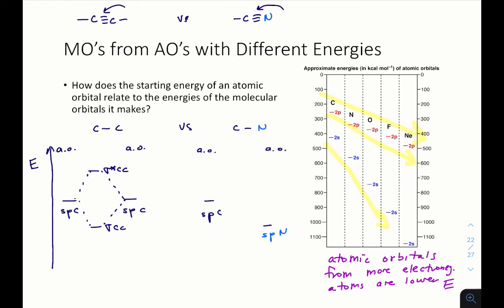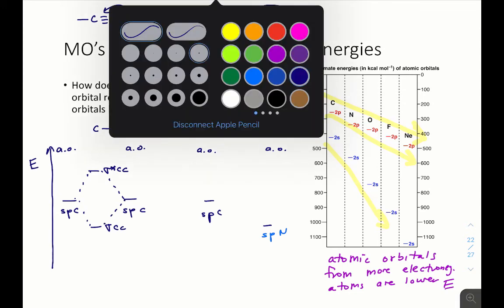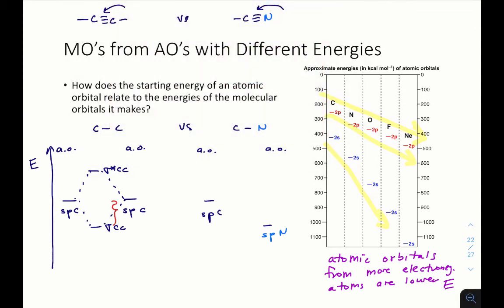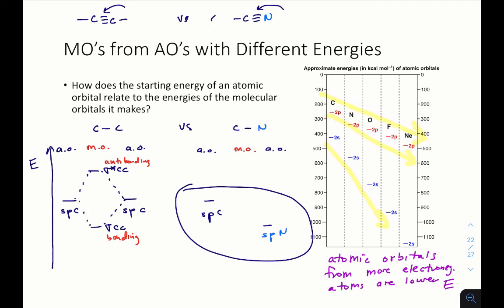The sigma orbital is lowered in energy about the same amount that the sigma star orbital is raised in energy.